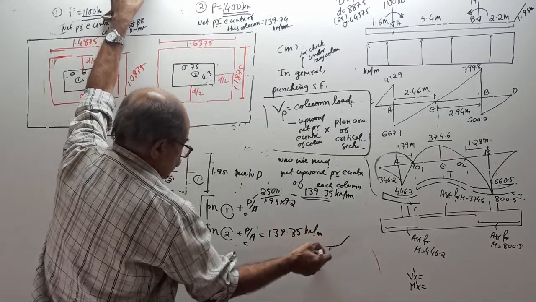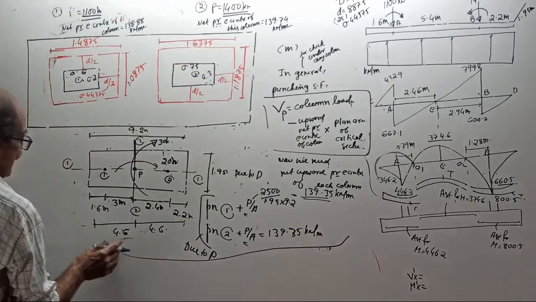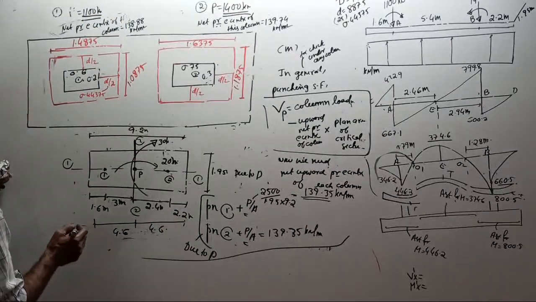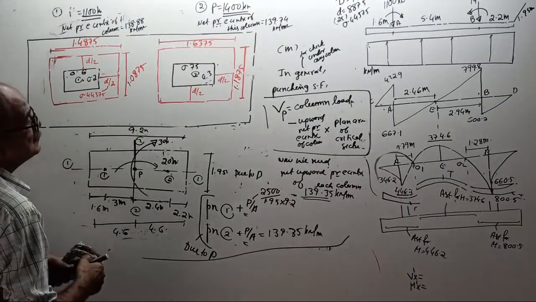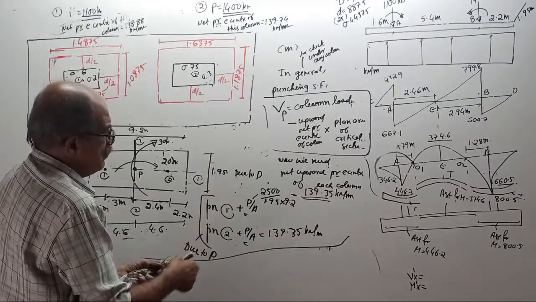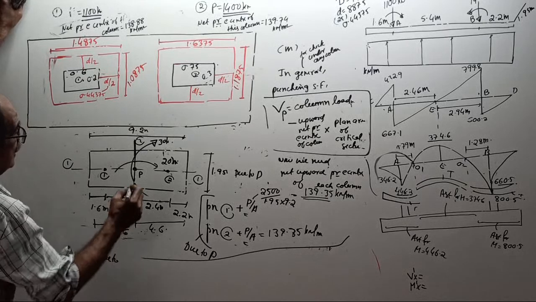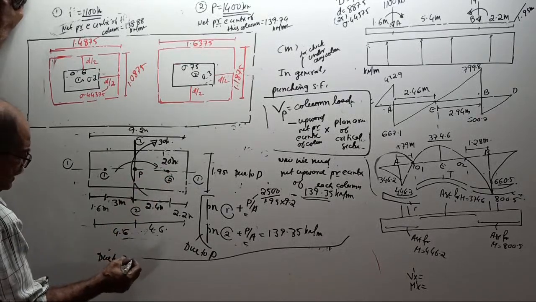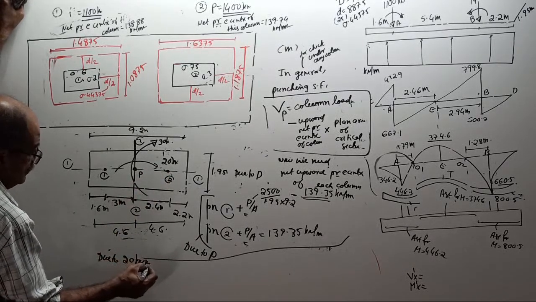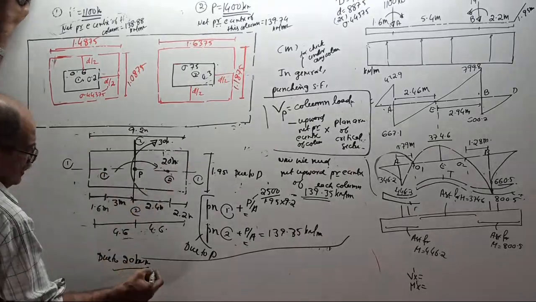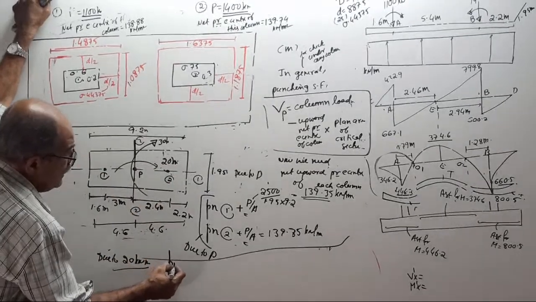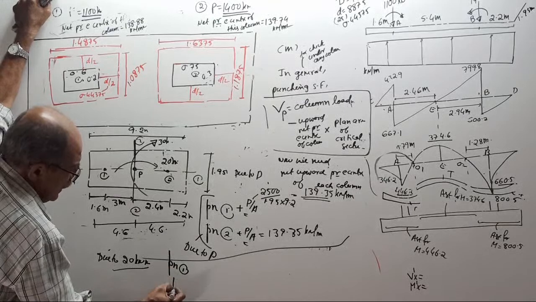Over. Now next I will write here. Some space is required. I don't want to remove that one. See, due to the 20 kilonewton meter couple, I want the pressure at 1 and pressure at 2.